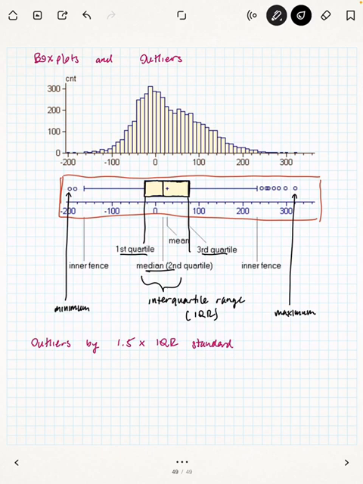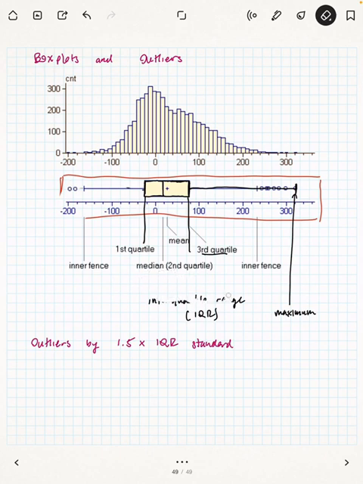And traditionally, in a box plot, we have these whiskers that go out to a line that represents the maximum and out to a line that represents the minimum. But this is a modified box plot. And when we want to represent outliers, we have to think about how far away from the rest of the data is going to be considered an outlier.